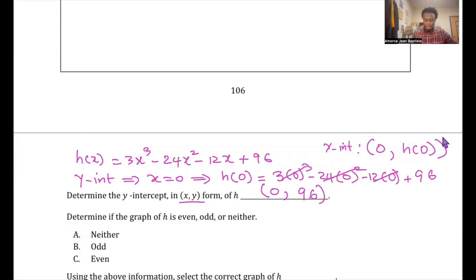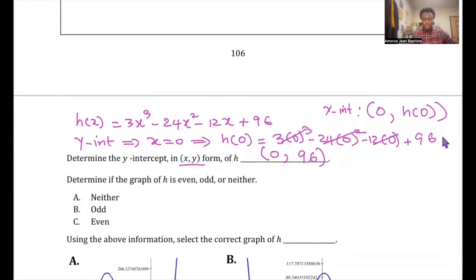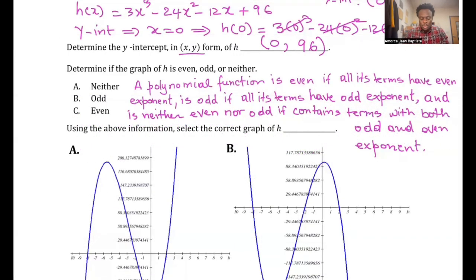Now, for this function, they ask whether it is even or odd. The question we need to answer here is, how do we know whether a function is odd or even?